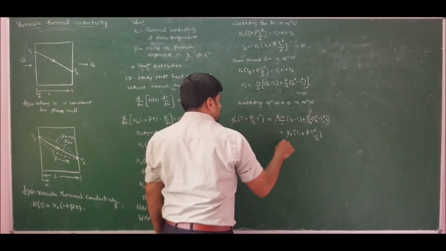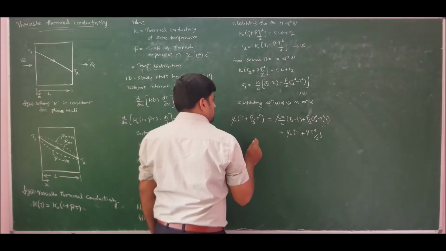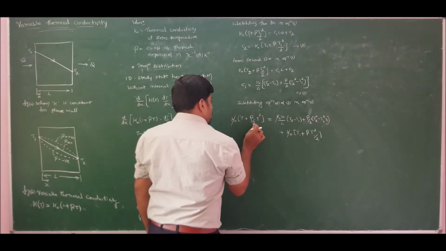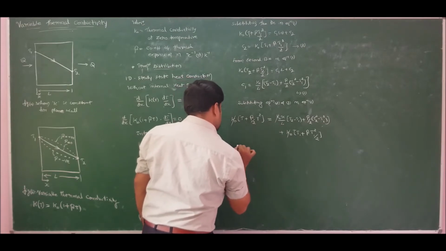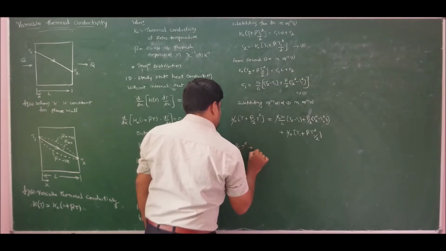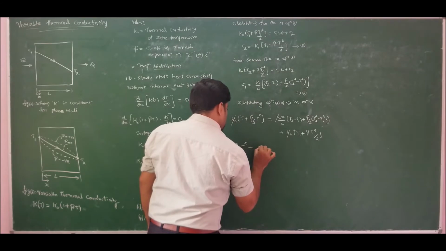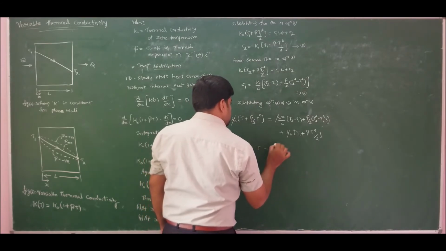Now I can cancel off k naught, and if I simplify, I will get the equation of the form ax square plus bx plus c. So I can reduce this as ax square, that is beta by 2 t square, plus bx minus c.